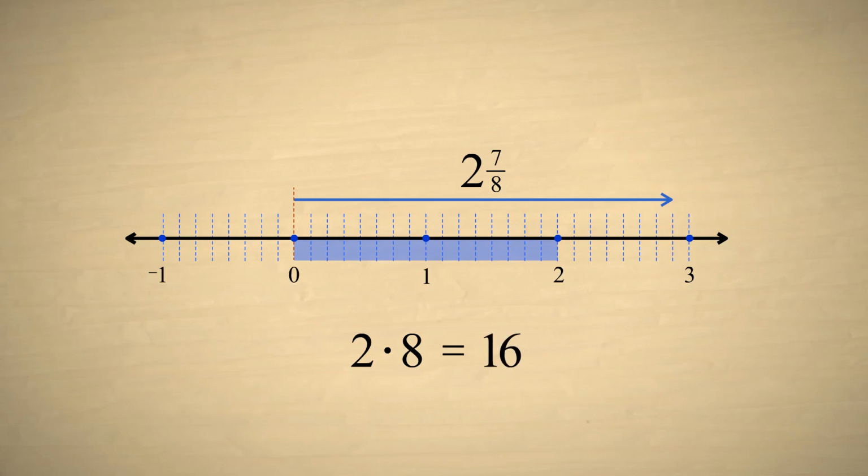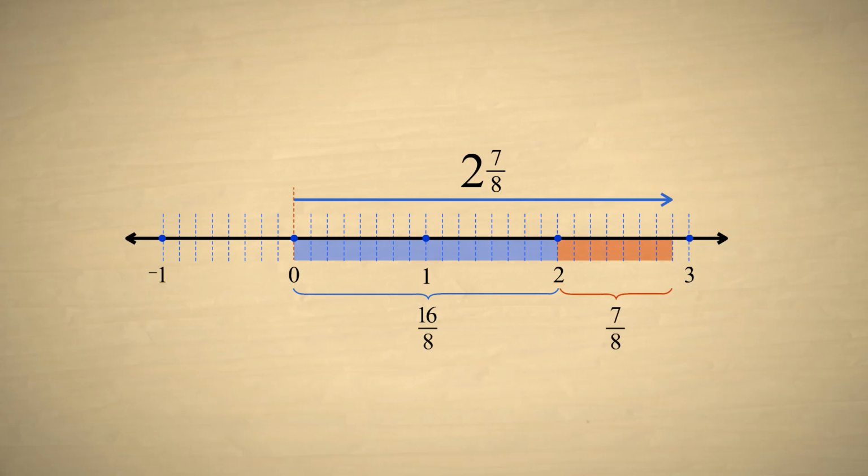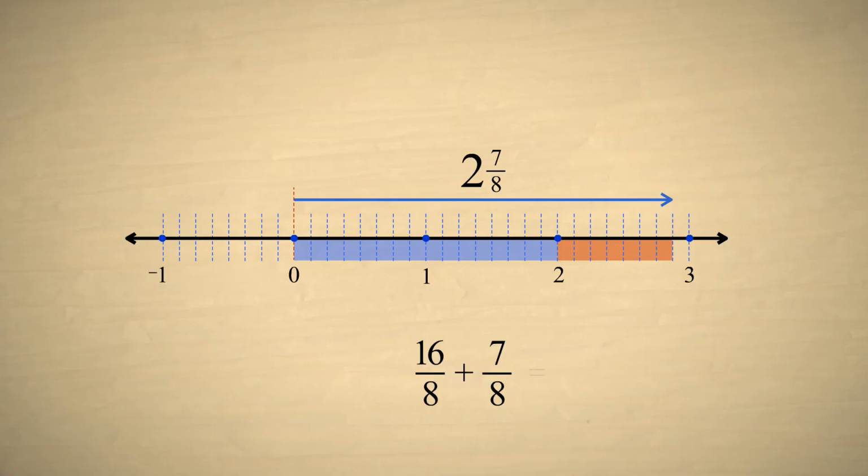In other words, we multiply the integer part of the mixed number times the denominator of the fractional part. And we find that the integer part of the mixed number is equal to 16/8. Since the fractional part of the mixed number is 7/8, we simply add these two fractions and we get 23/8.